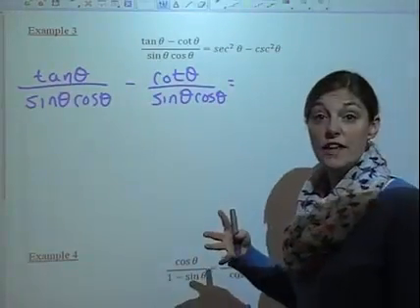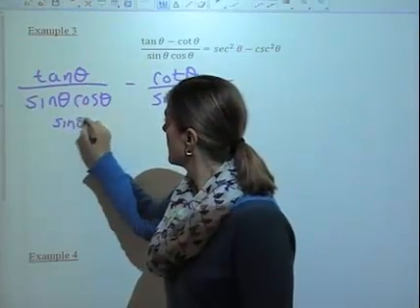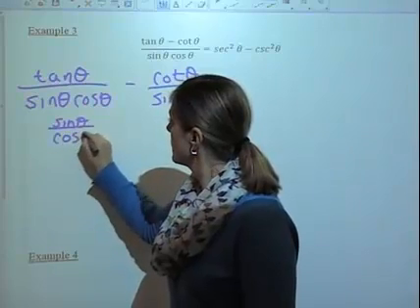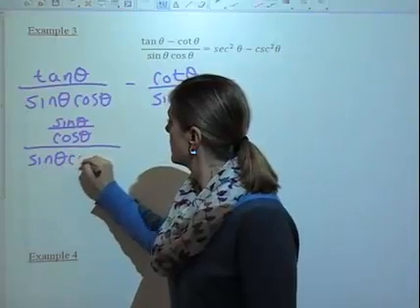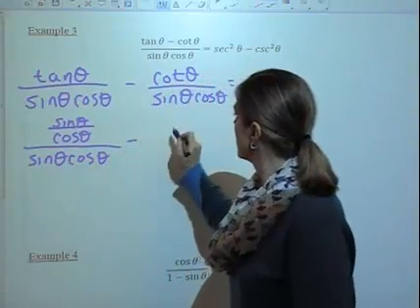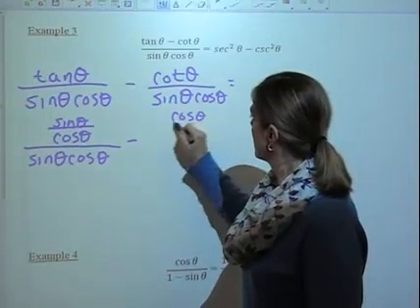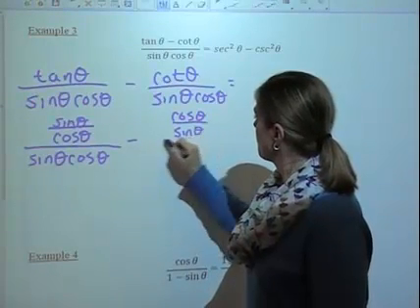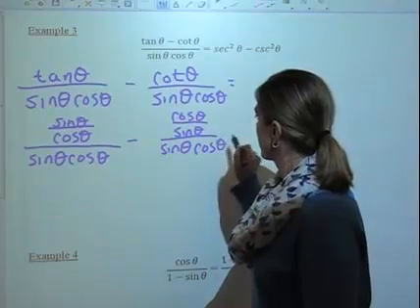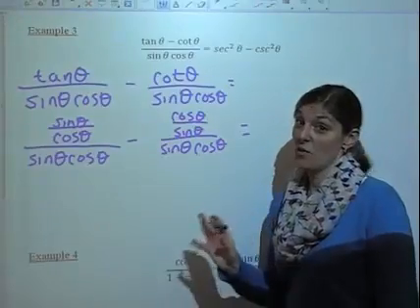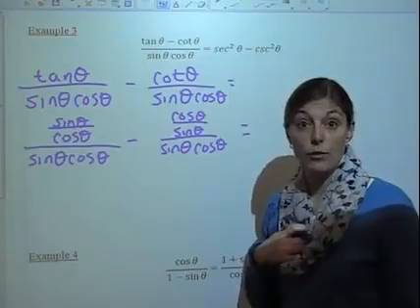Then we can change everything into sine and cosine. Okay, now we're getting into some complex fractions, but that's okay because we can easily get rid of those.